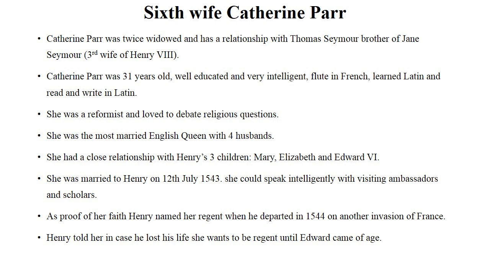As Henry saw all these things, he had his own faith in her. So he named her regent when he departed in 1544 on another invasion of France. Henry told her that in case he lost his life in battle, she would be regent until Edward came of age.